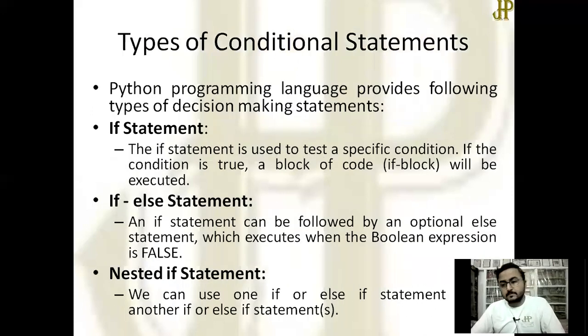So what are the types? In Python, there is the if statement. If the statement is true, then the block of code will execute. Otherwise, move on to the next statement. Simple. But there is another statement known as if else. If the condition written in the if is false, then what is to be done? It is written in the else block.